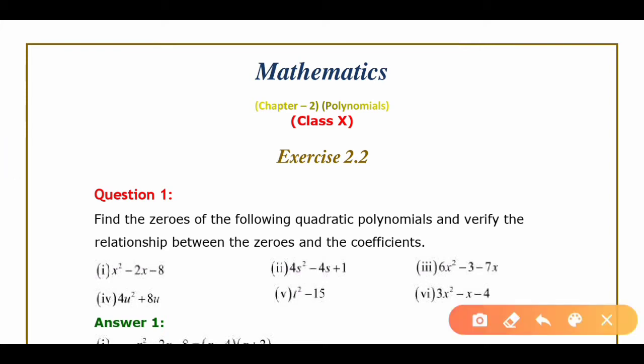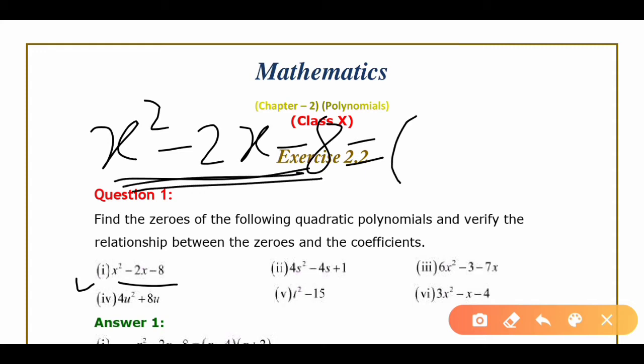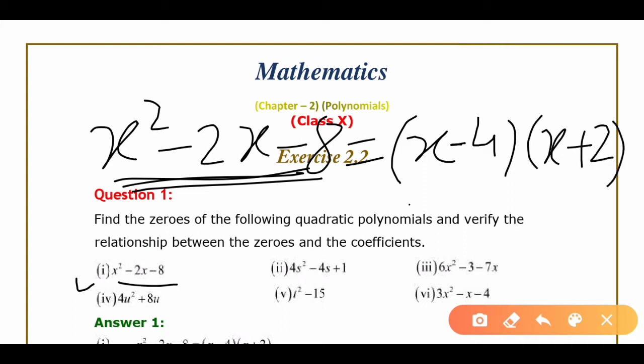The first numerical is x square minus 2x minus 8. Now we will solve this numerical. X square minus 2x minus 8, we can write this by factorizing, and the factors are x minus 4 into x plus 2, and we are equating it to 0.